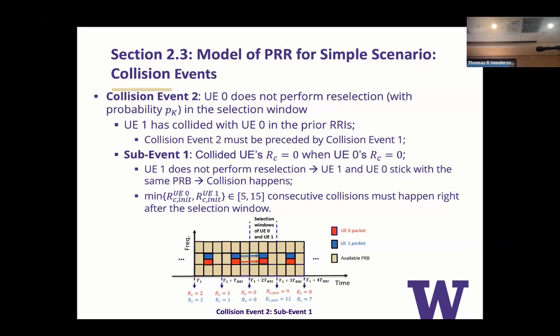But I think the number of consecutive collisions could be greater than 16 if two UEs still stick with the same PRB, then the collision will happen. But that will happen less often than this case.